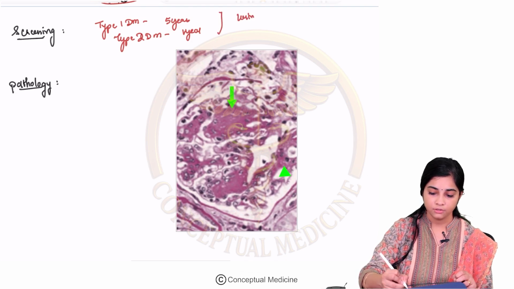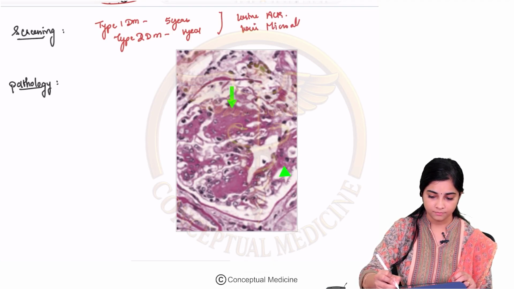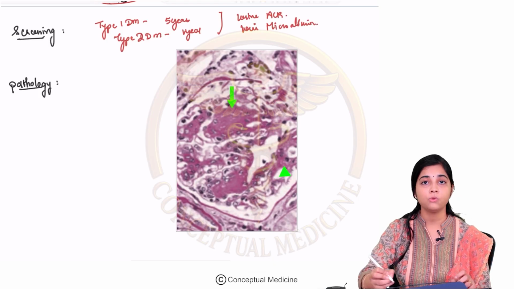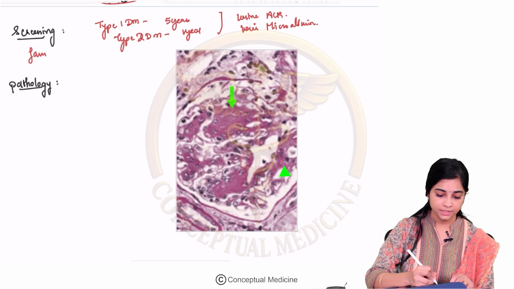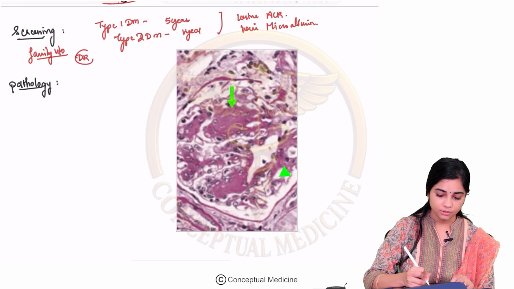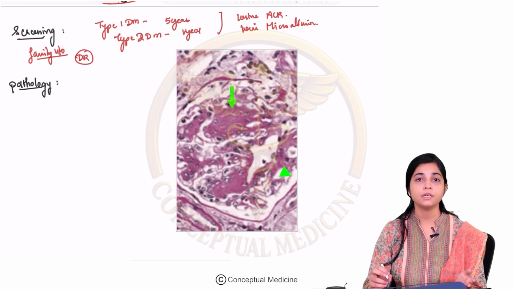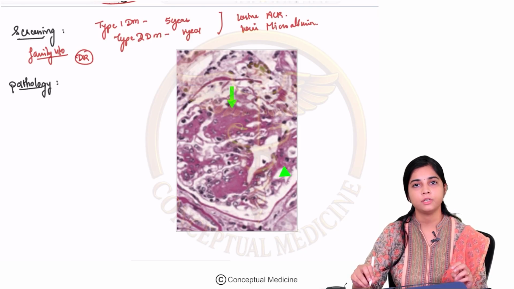You look for urine albumin creatinine ratio, or now the newer test is urine microalbumin. Who is at risk of diabetic kidney disease? A strong family history of diabetic kidney disease is a risk factor, and patients with diabetic retinopathy have an increased risk of diabetic nephropathy as well.